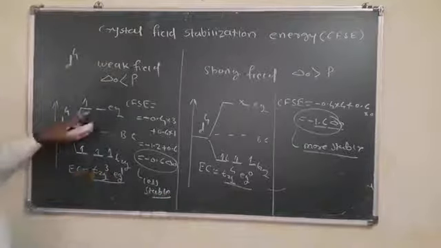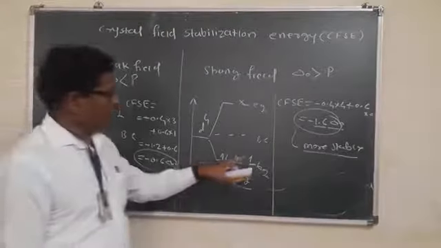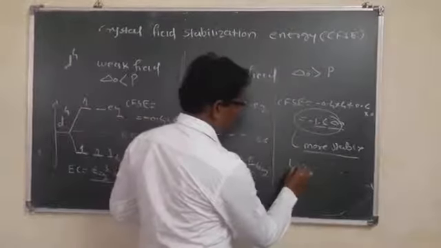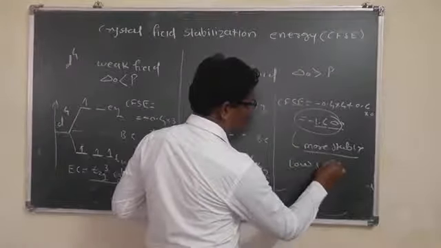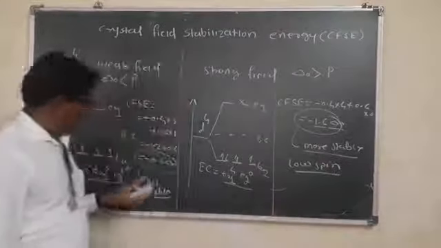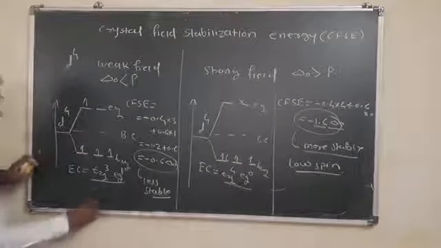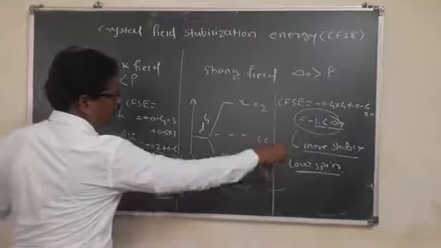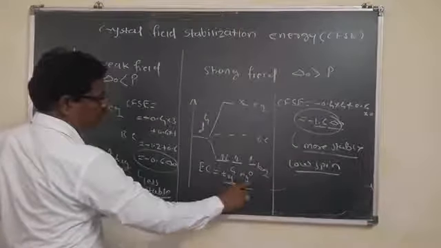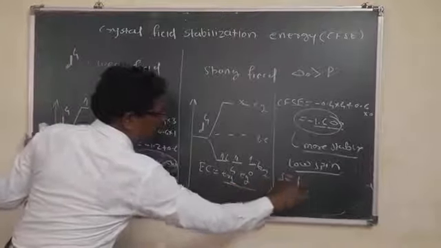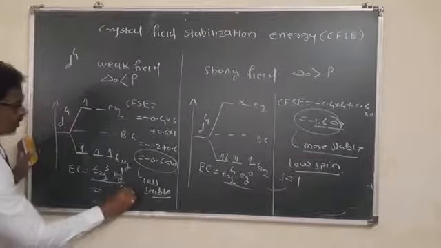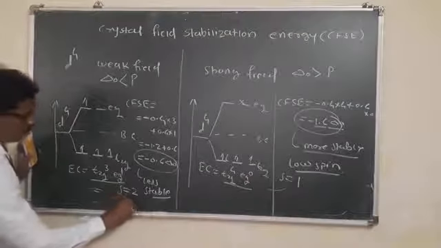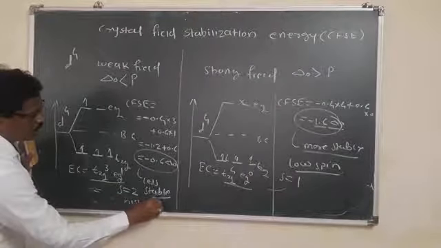Here 4 unpaired electrons, here 2 unpaired electrons. That is the low spin complex. Here with 4 unpaired electrons the total spin is 2, and here the total spin is 1. With 2 unpaired electrons the total spin is 1, and this is the high spin complex.